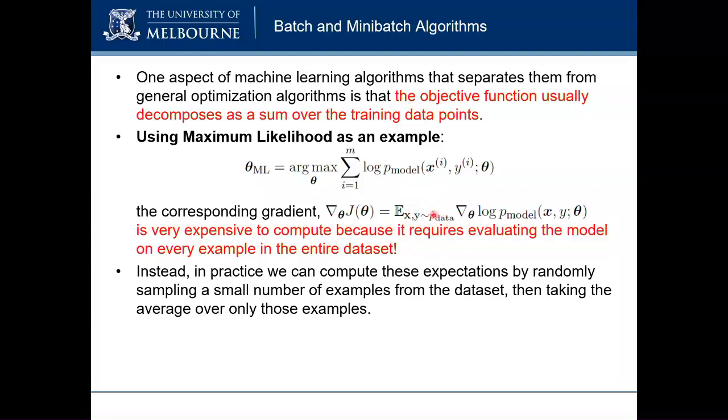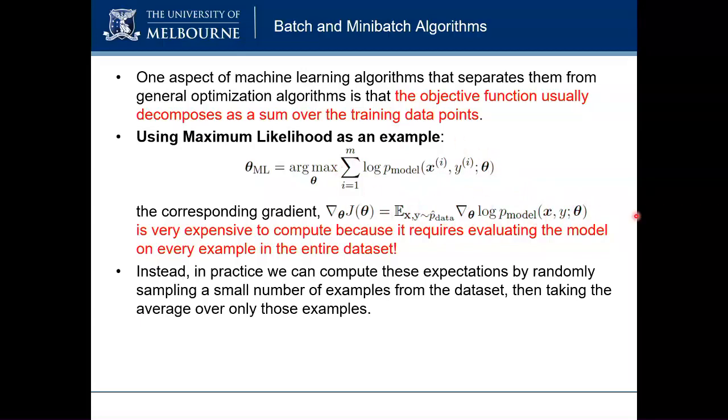That would be my expectation, taking the mean, and then the mean of the gradient of individual elements. And then the empirical estimation of this expectation is this, essentially.